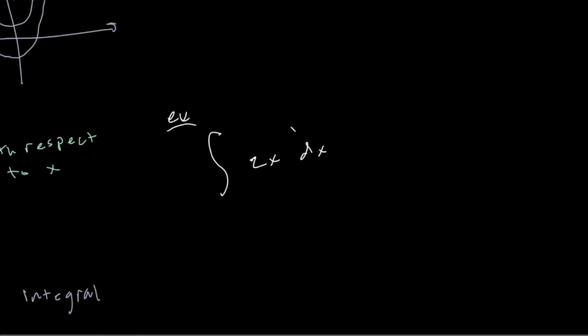Well, that means the 2 must have come down to the side, so it had to be x squared. Does that work? The 2 comes down to the side and the exponent decreases to 1. So yes, that works. And not only is it x squared, it could be x squared or any vertical shift thereof. So we always have this plus c. This gives us the entire family of antiderivatives of 2x.